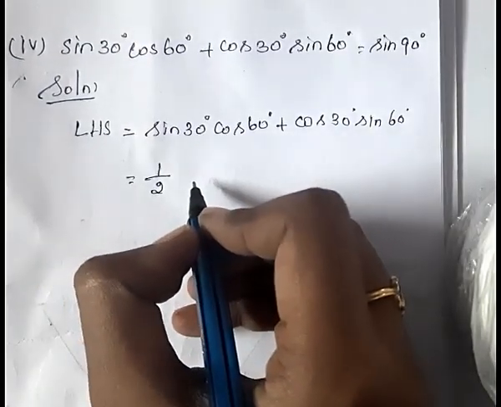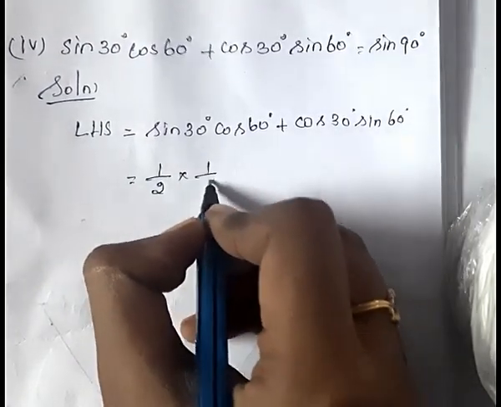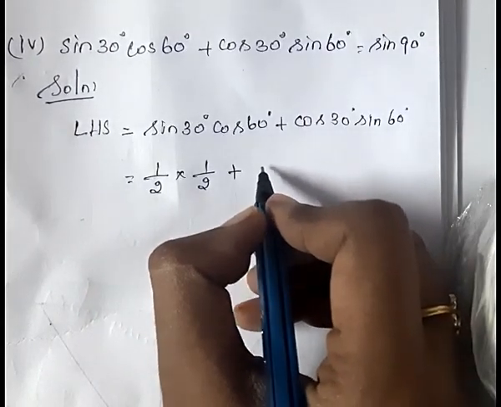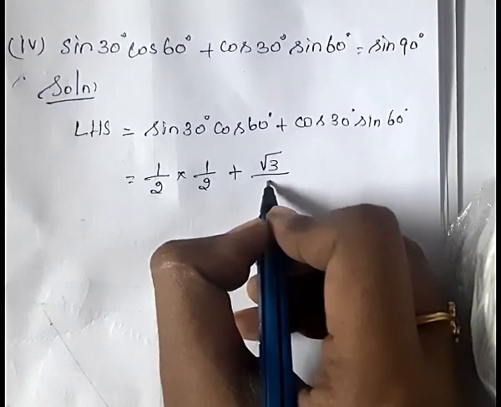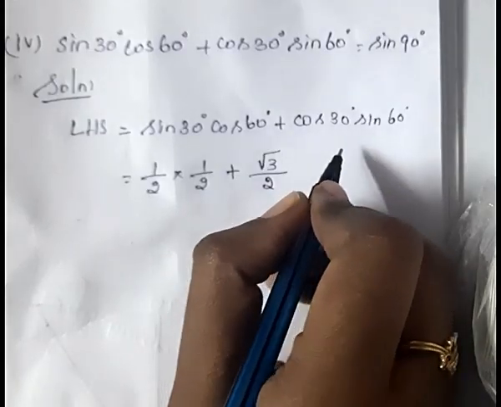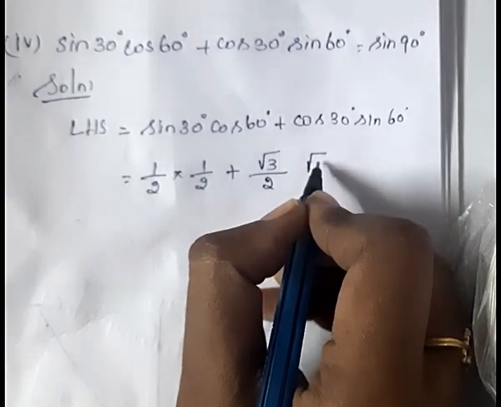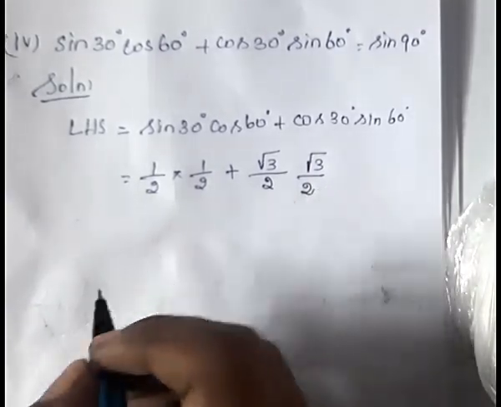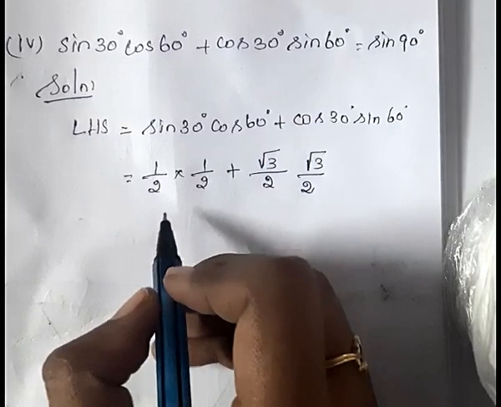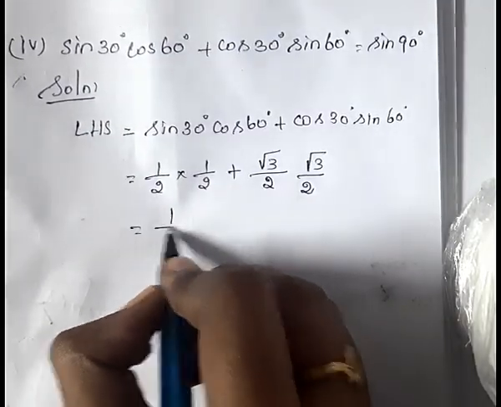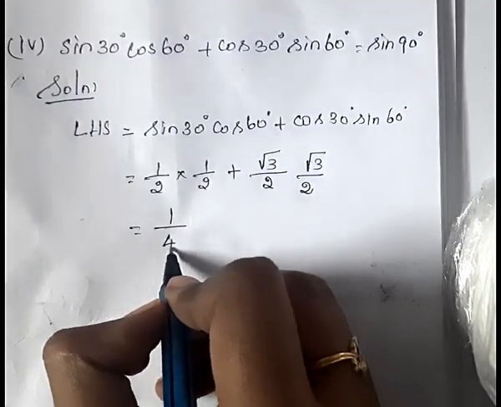Then cos 60 degree value is again 1 by 2. Plus cos 30 degree value is root 3 by 2. Then sin 60 degree value is root 3 by 2. Multiply the both. 1 by 2 into 2, 4.